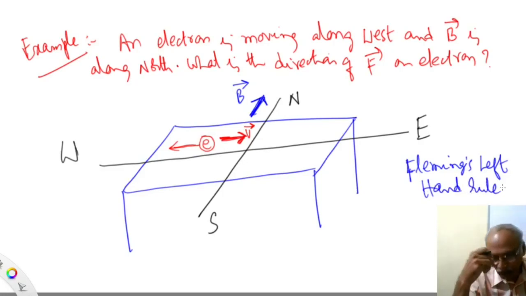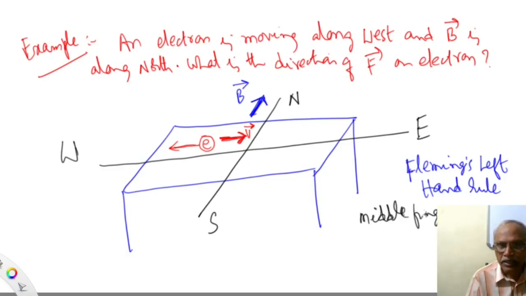Towards east. Middle finger of your left hand in the direction of V bar, along east. Am I correct?